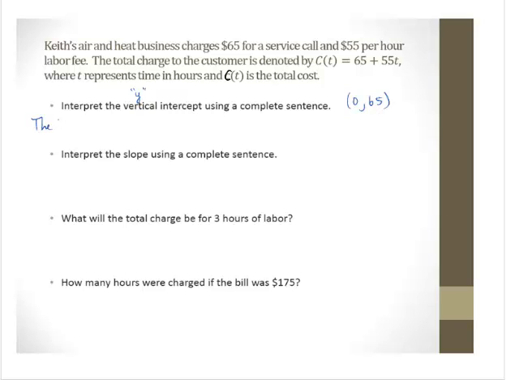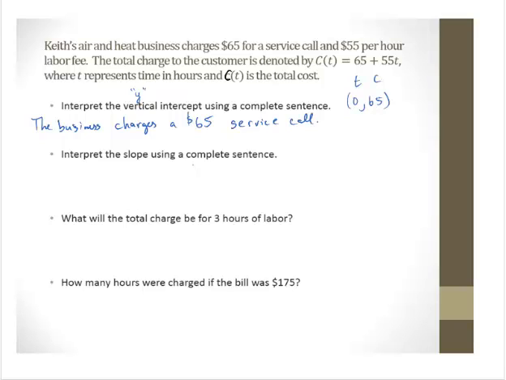The business charges a $65 service call. All right, because what is this point saying? T is the time in hours, C is the cost. 0 hours, $65. The moment they get there, they're charging $65 for the service call.